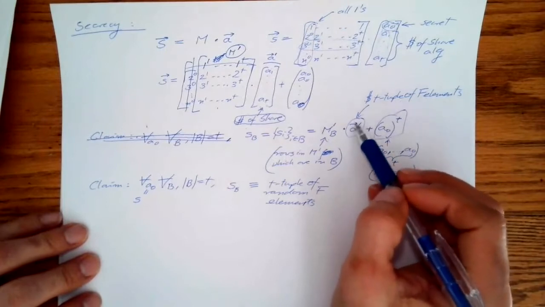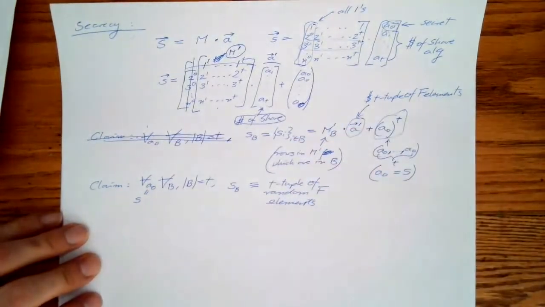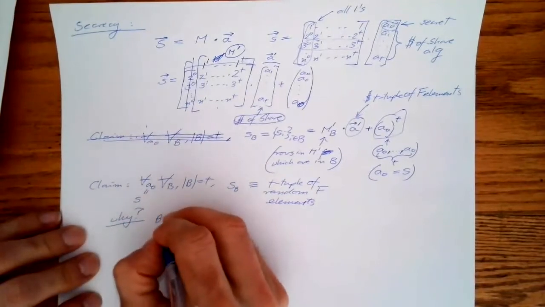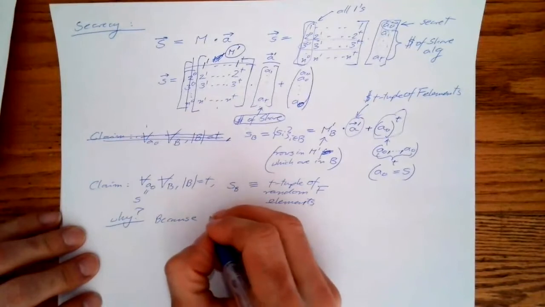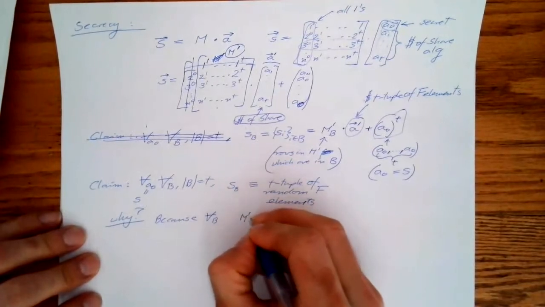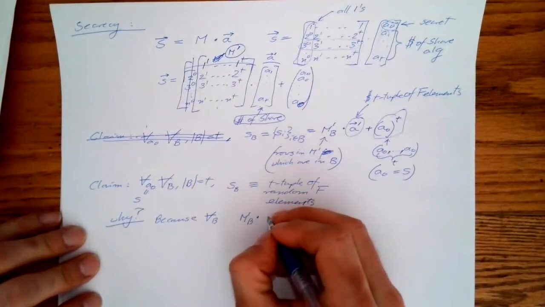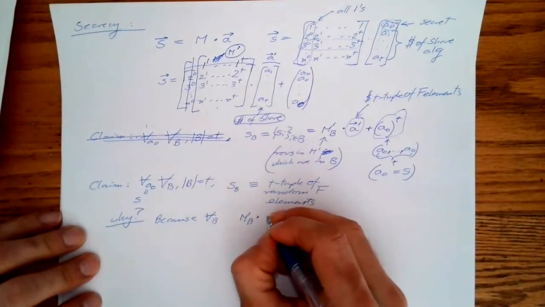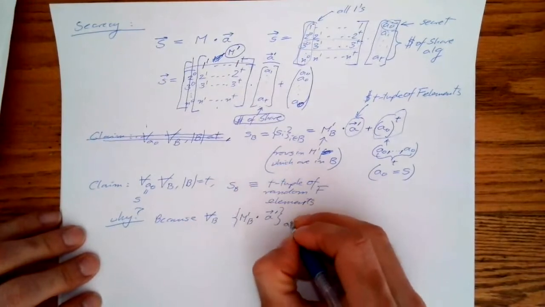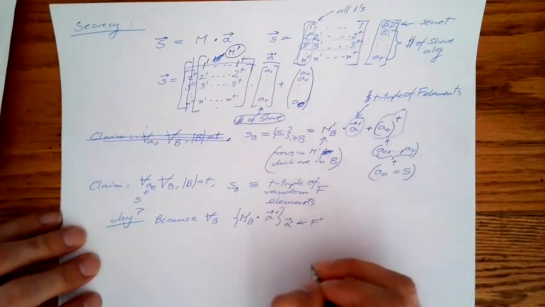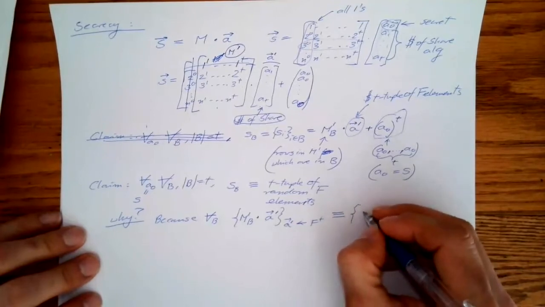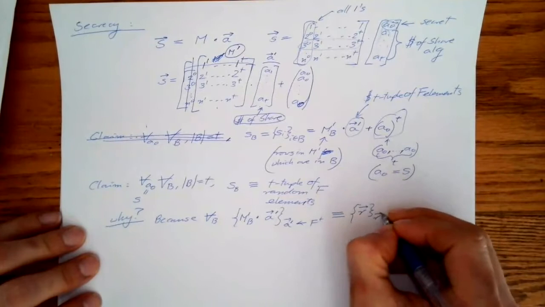Why? So why is this a one-time pad? Because for any set B, when I take values like this for a random vector in the field, this is distributed identically to just a random vector in the field.